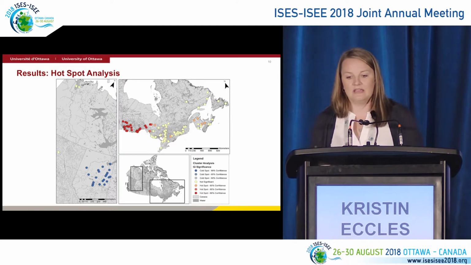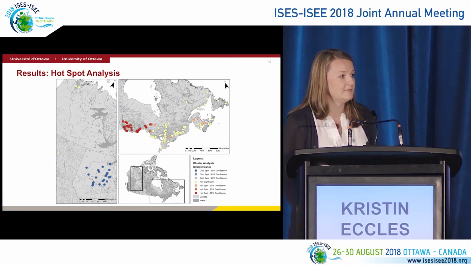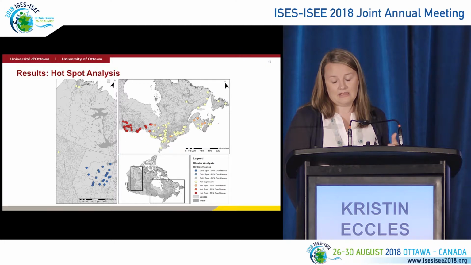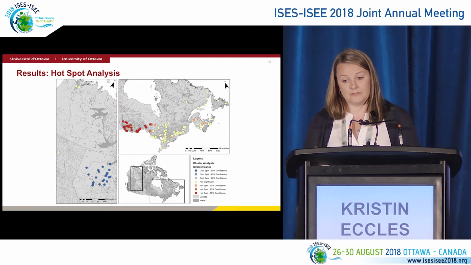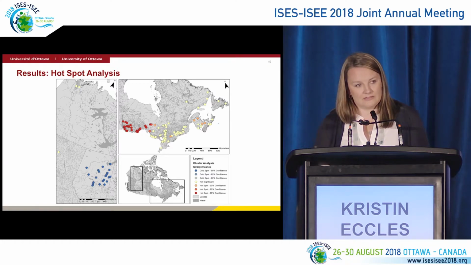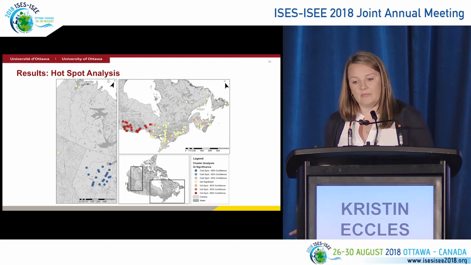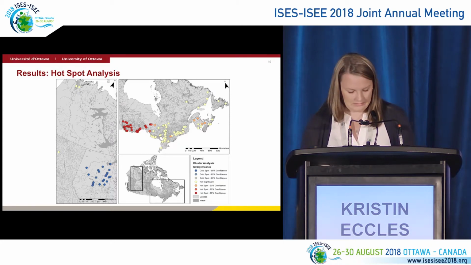We can see that in Alberta, we have a cold spot. A cold spot just means that there's a cluster of low values that cluster together. And then conversely, in Western Ontario, we do see a hotspot, so we have a cluster of high values. And then we do see a little bit of clustering over in Nova Scotia and New Brunswick.